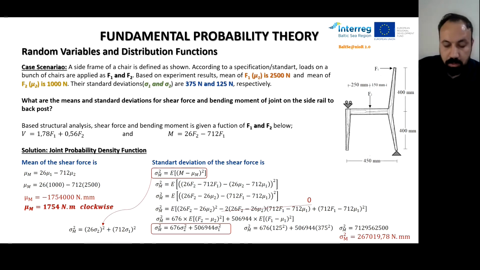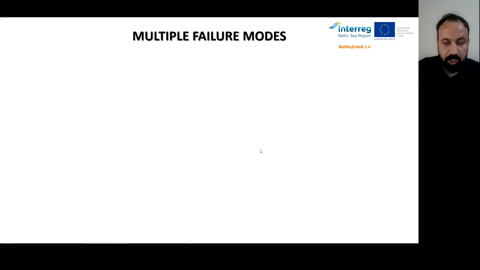If I have 200 or 100 samples, I have to calculate one by one to find shear force and bending moment, and then I have to find their means and standard deviations. This is the easiest way to find the shear force or bending moment on a joint or on material, any point of the member. So also I will jump to next, multiple failure loads.